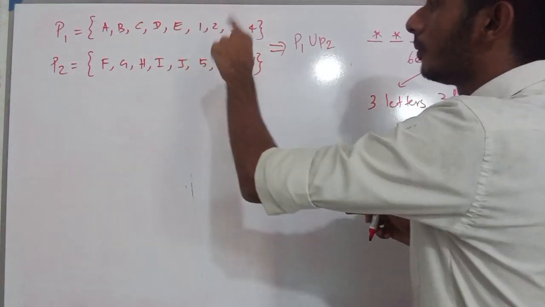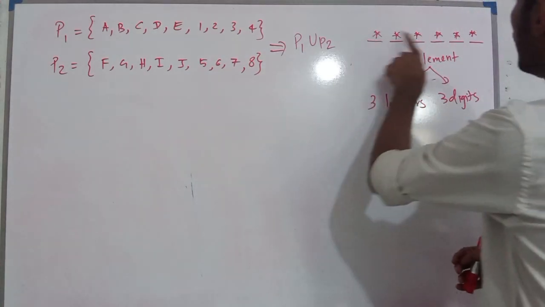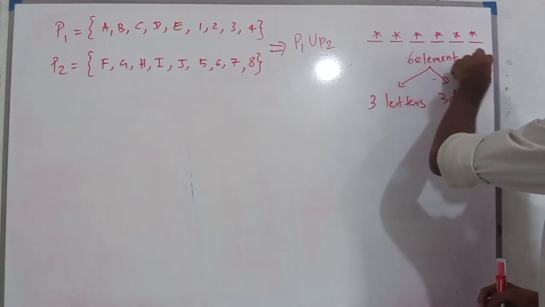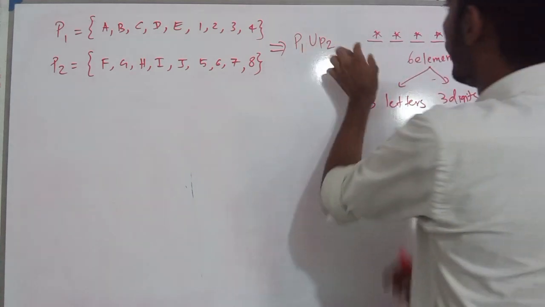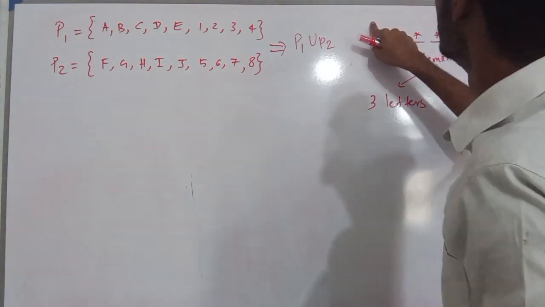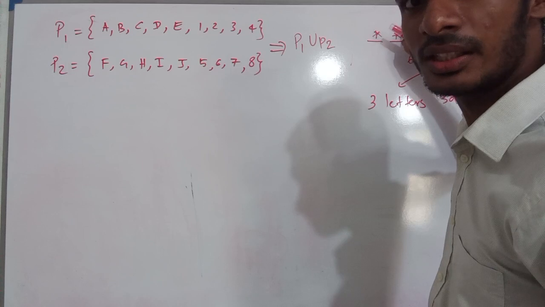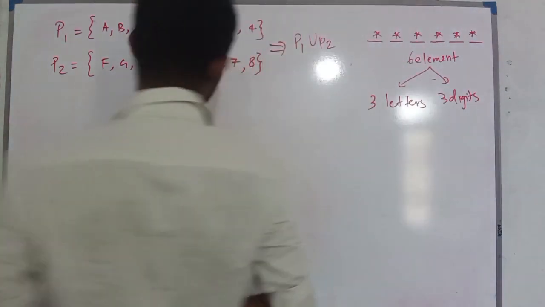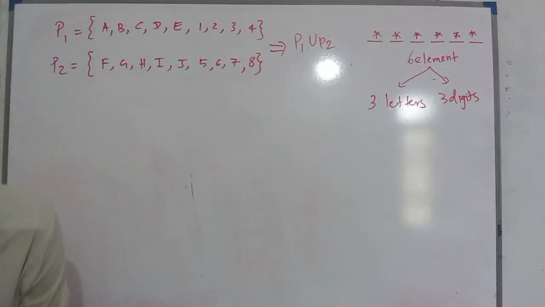In the password, duplicates cannot exist, right? So if I use A here, then I cannot use it again in the same password. That's the meaning of that sentence. In each of the following cases, find the number of different passwords that can be formed.